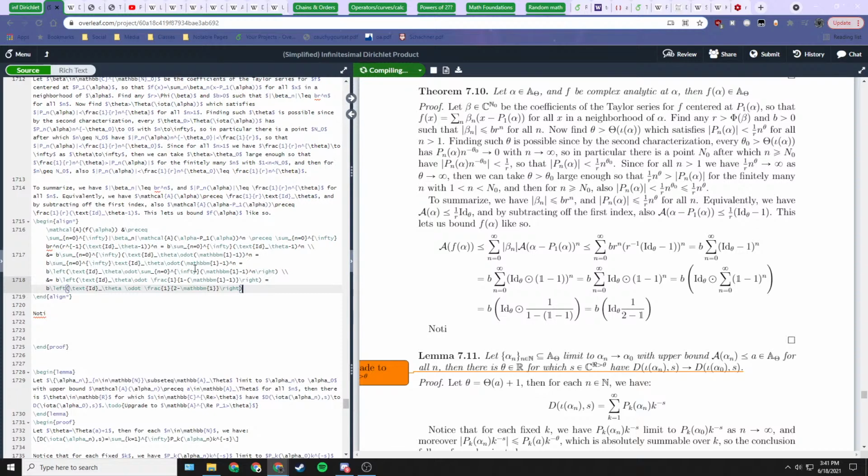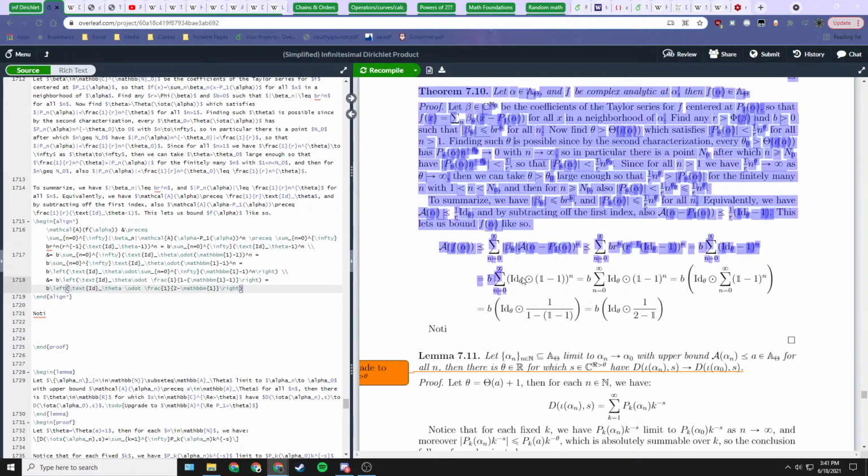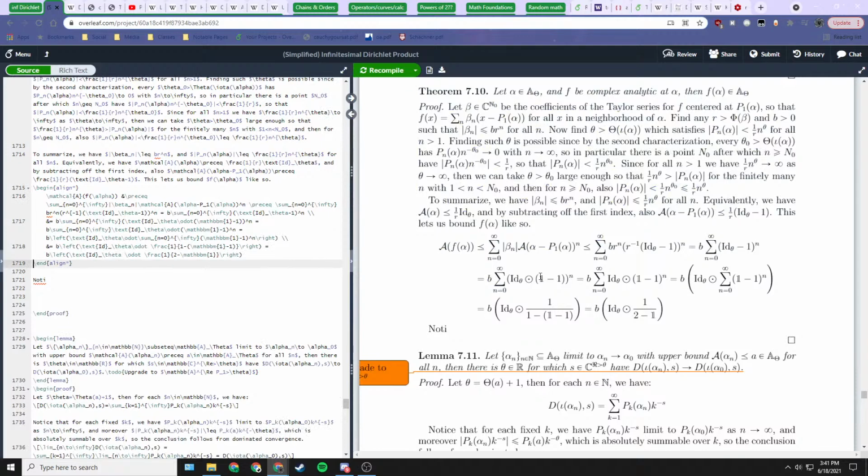Okay, so we've done all these bounds up to this point, and this is where we start using our new machinery. First of all, we take id theta and pointwise multiply it with this. This whole object is 0 on the first index and then 1 everywhere else. If we pointwise multiply that with id theta, that's going to be 0 on the first index and id theta everywhere else, which is the same as id theta minus 1.